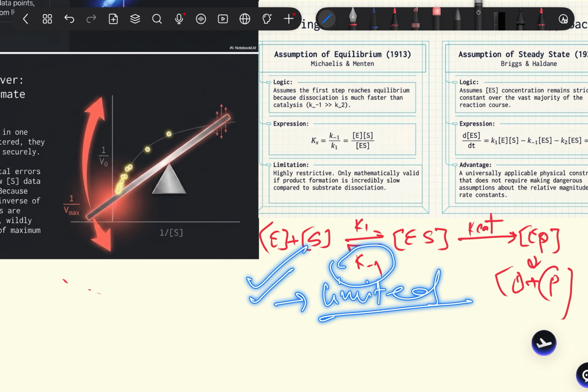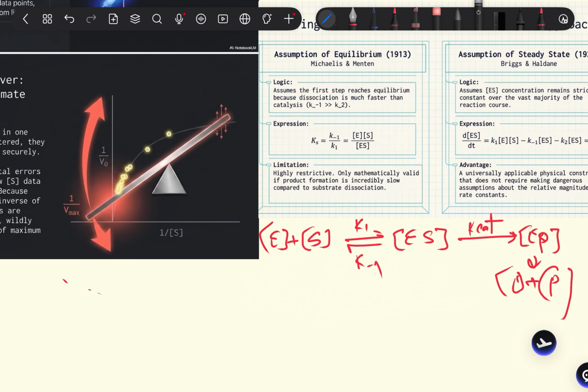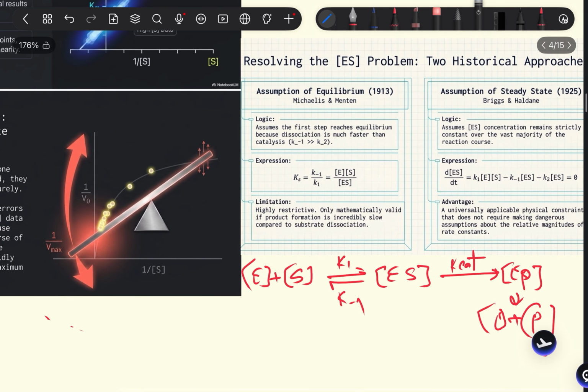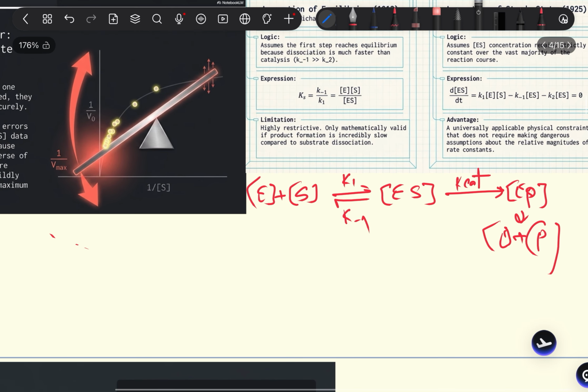You always have to assume that this is larger than this, so you need incredibly slow formation of product, and the dissociation has to be fast enough. So Briggs and Haldane came out with the quasi-steady-state model, in which this ES is the determining factor.